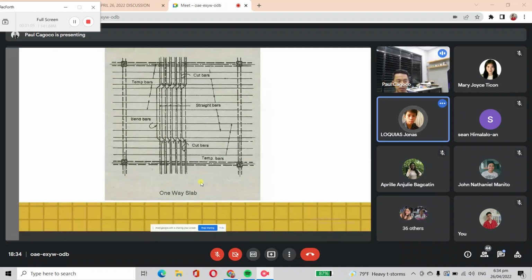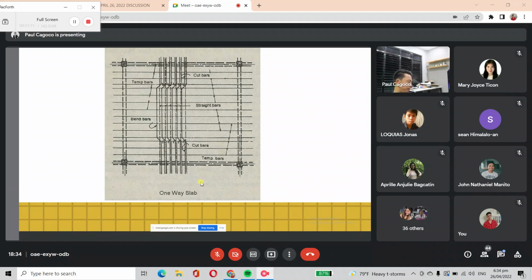Sobra na ang bent bars? Yes, sir. Unsa nang equation nga imong gi-ingon nga sobra ang bent bars?